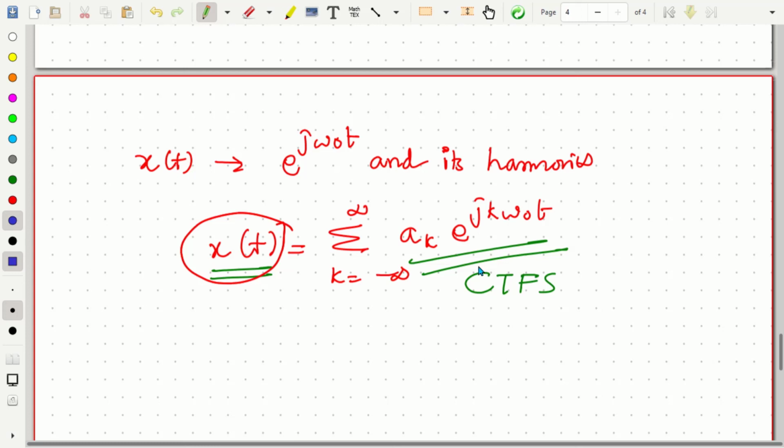That signal is expressed like this, and that is known as the continuous time Fourier series representation of the signal x of t. I hope you got a clear idea about the beautiful formula of continuous time Fourier series, which says that any periodic signal x of t can be expressed as a linear combination of complex exponential signals, which are the eigenfunctions of linear time invariant systems.